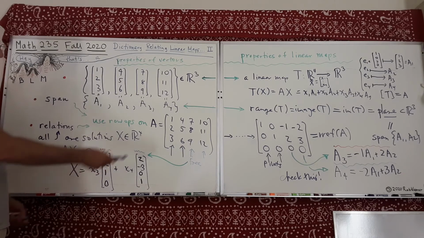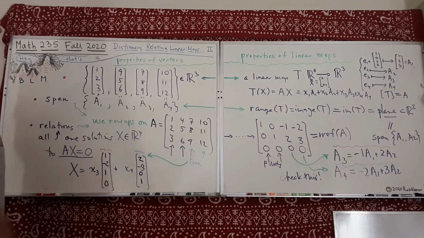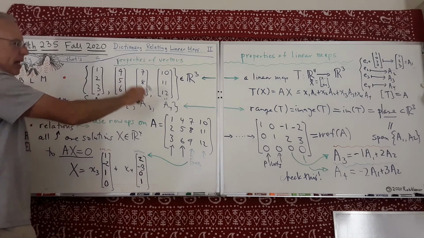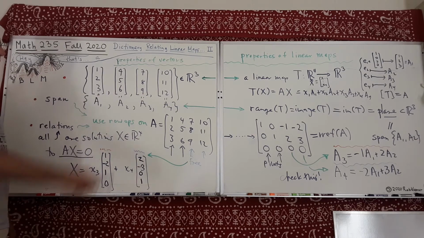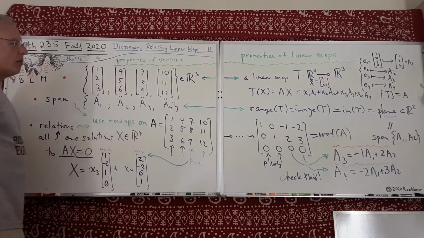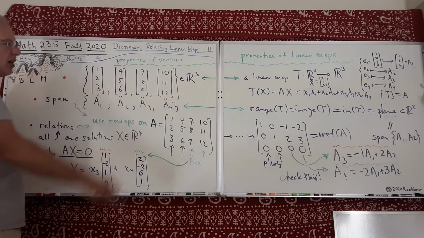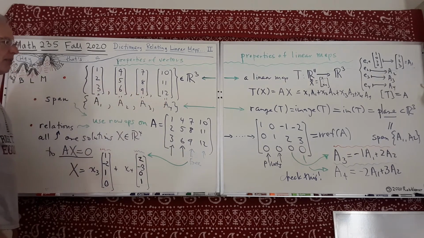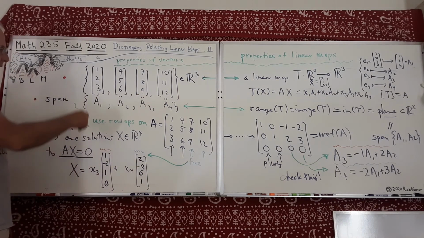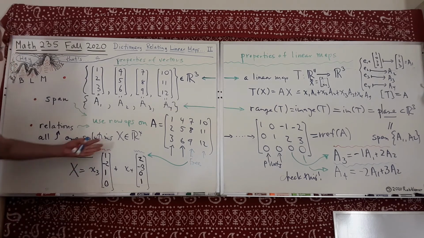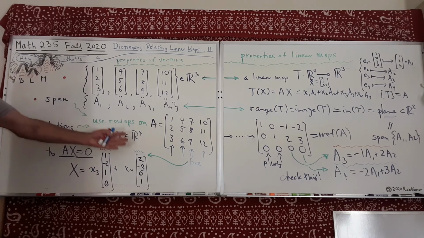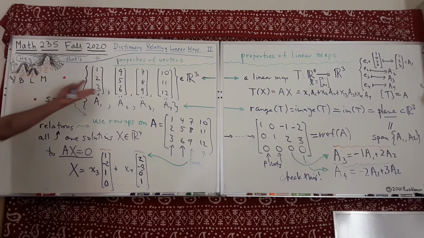The fact that I can write A3 and A4 as linear combinations of A1 and A2 says this set is not an independent set, it's a dependent set. We've actually explicitly written out what the linear relations are. We wrote out how A3 and A4 can be expressed in terms of A1 and A2. But this also gives you a picture of all the other possible relations among the four vectors.